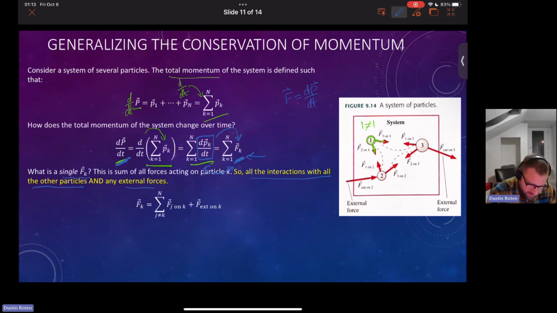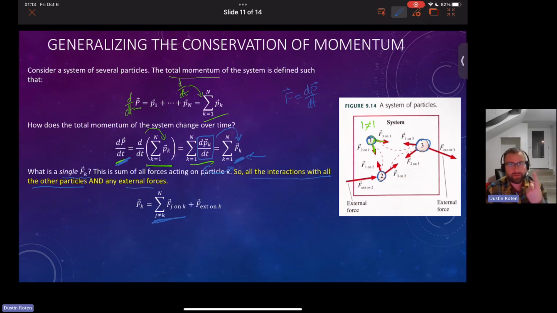So here's how we're going to notate it. Here's our interactions with all the particles. If you look over here on the right, the summation is essentially like, okay, particle 1: we've got the interaction between particle 1 and particle 2, the interaction between particle 1 and particle 3. Then we also have interactions between particle 2 and particle 3. That's the idea here.